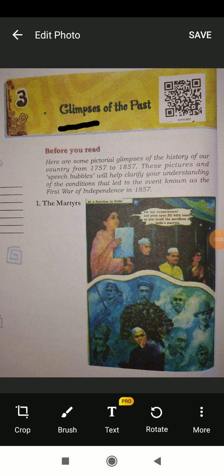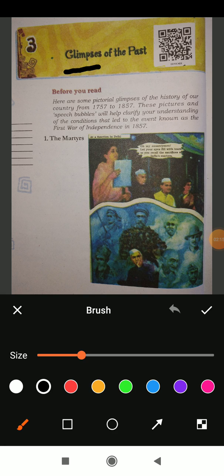These pictures and speech bubbles will help clarify your understanding of the conditions that led to the event known as the First War of Independence in 1857.